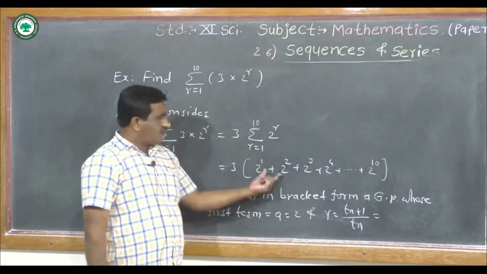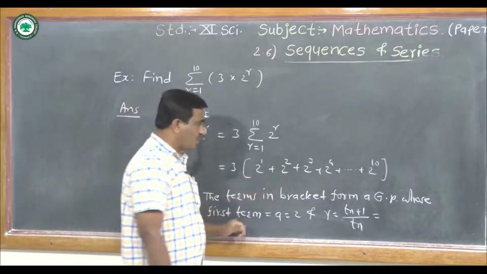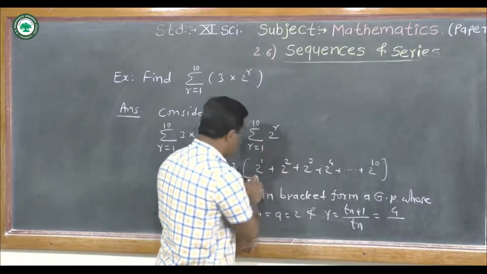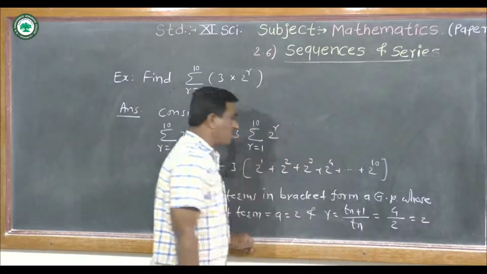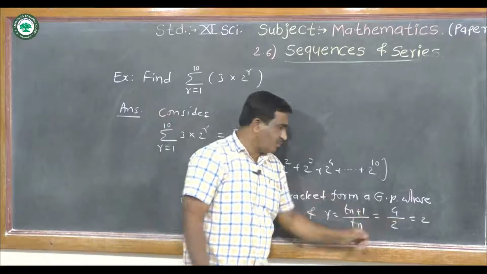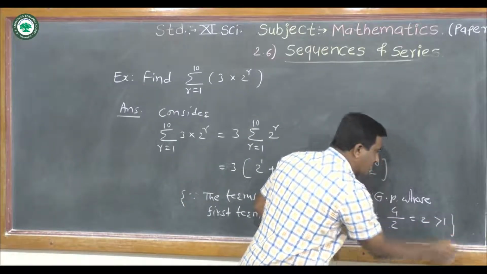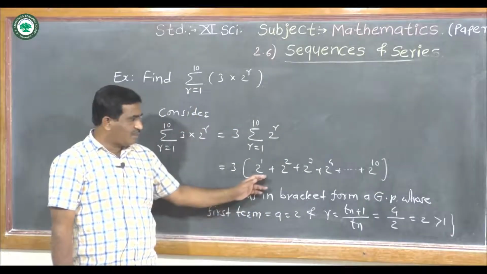Now we can consider these two terms. This is Tn plus 1 and this is Tn: 2 raised to 2, means 4, upon 2 raised to 1, means 2, which is equal to 2. That is, we get the value of R is equal to 2, which is the common ratio, and this is greater than 1. Okay, therefore we can use the formula for Sn here for this bracket.